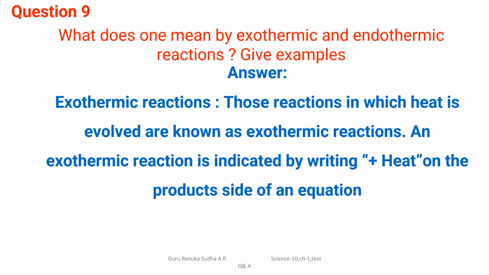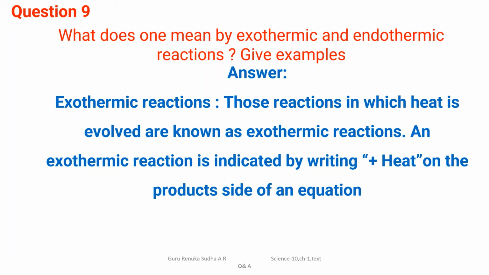So exothermic reaction means those reactions in which heat is evolved, liberated, or produced; that type of words you can also use; are known as exothermic reactions. An exothermic reaction is indicated by writing plus heat. Yes, the liberation of heat is going to happen, that's why plus heat is on the product side of the equation.